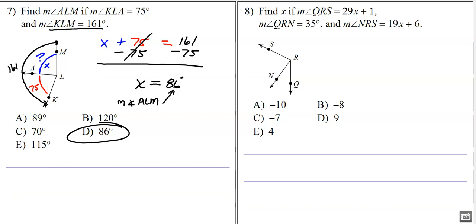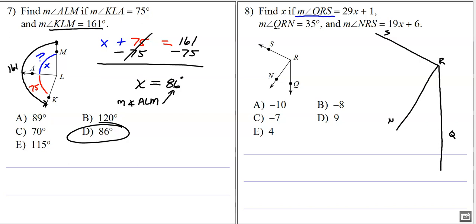If it helps you, sometimes these drawings are a little bit too small for me. So sometimes I like to make them larger, just so that I can write inside there, especially when I'm doing it on the board here. So let's see what we got. Step number 1, always label your picture. So the measure of angle QRS, well, where is that? QRS, oh my goodness, that's the big dog.